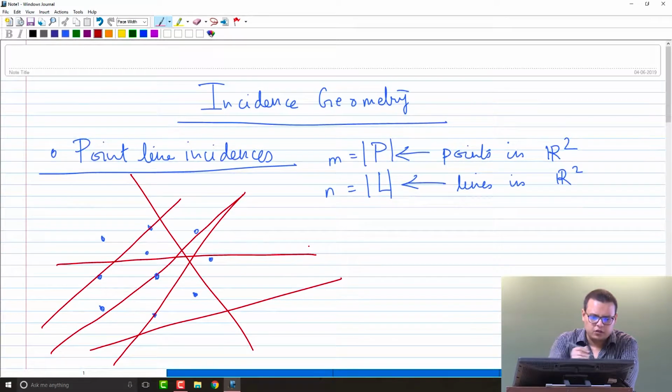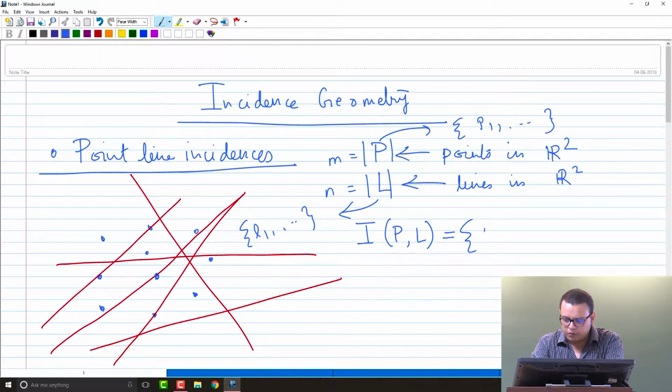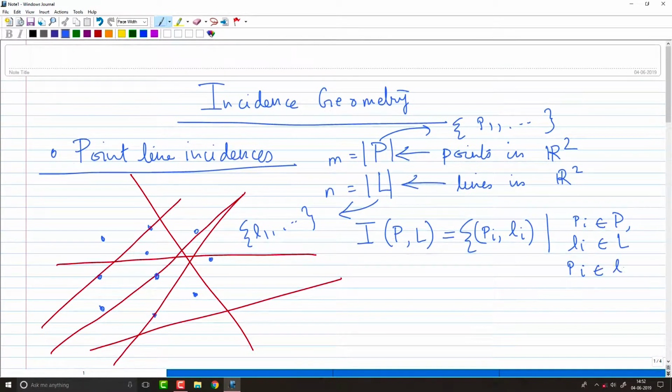So, you can define what is called incidence pairs, I of P comma L, which is equal to, so let us say call this P 1, dot dot dot, and this be small l 1. It will be of the form small p i comma small l i pairs, such that small p i belongs to capital P, l i belongs to capital L, and p i lies on l i.